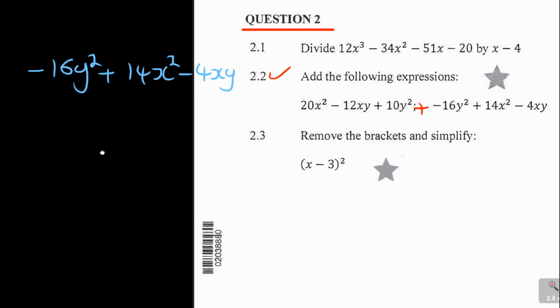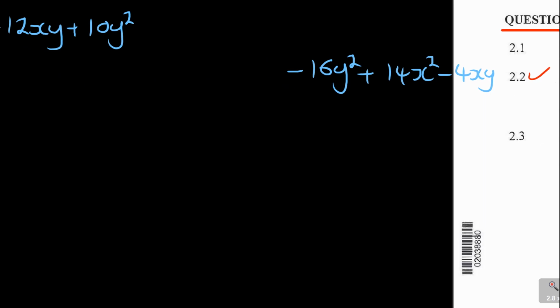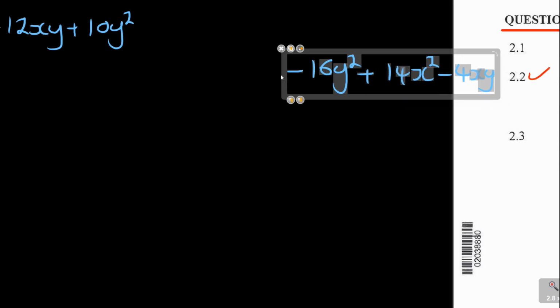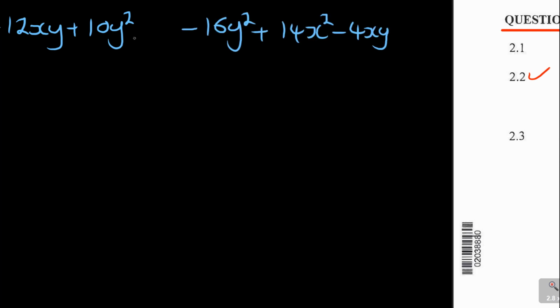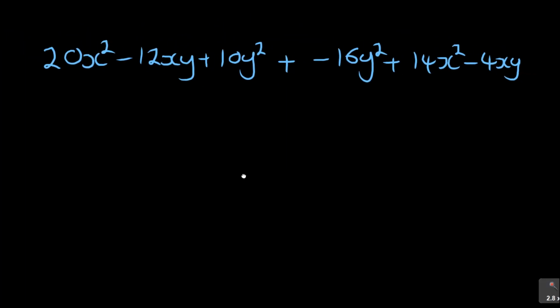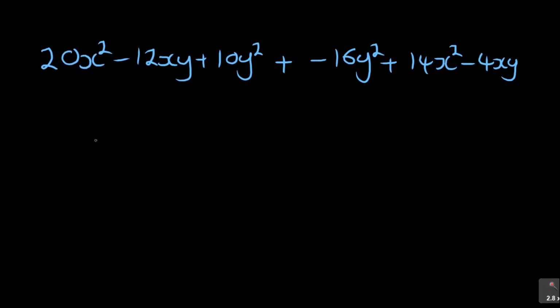So I'm going to take it here and do this. We are adding this thing. I'm going to put a plus there. That's what they are saying we must do. Add. So you do what is called rearrangement. Arrange them in such a way that they match each other. That's the first part.